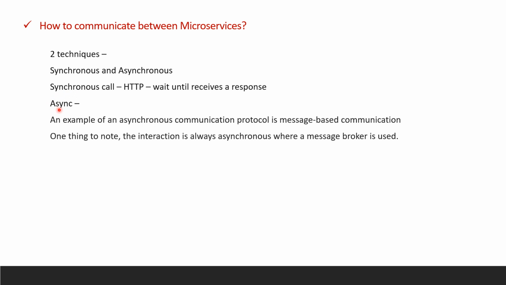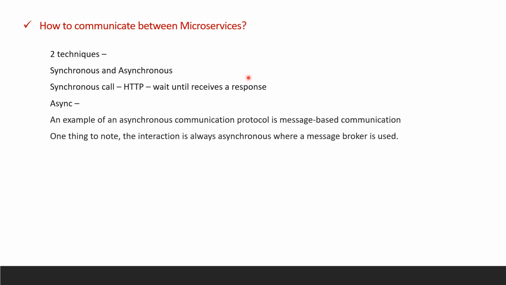An example of asynchronous communication is message-based communication. Regardless of the response from the first request, we move to the next step. In such a case, we define it as asynchronous. The interaction is always asynchronous where a message broker is used, for example Apache Kafka. Whenever we use any message broker, that comes under the asynchronous technique.